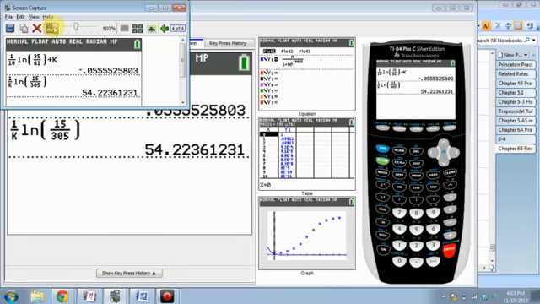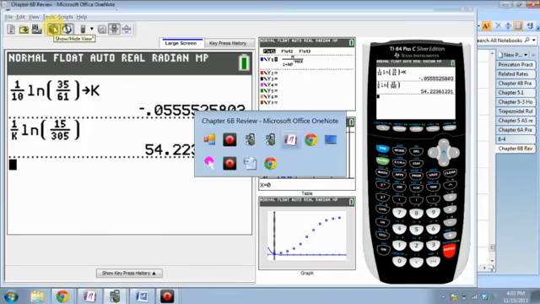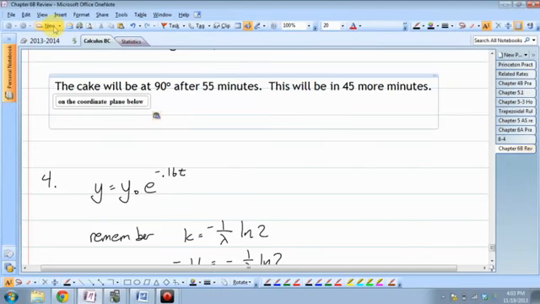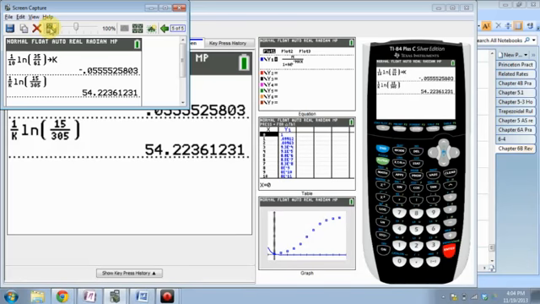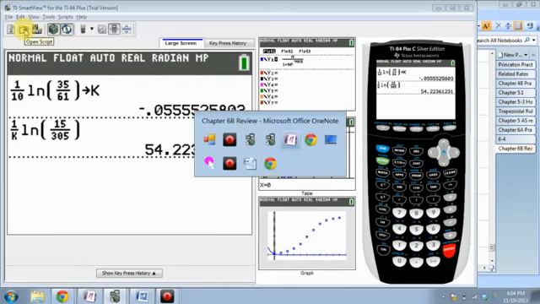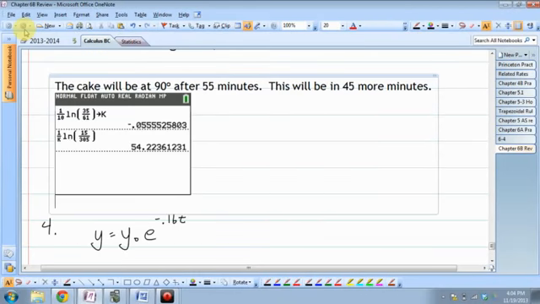Screenshot. Screenshot. Paste. Why? I don't understand. What's going on? Screenshots. Copy. No, this one. Copy the screenshot. Paste. Yahtzee.